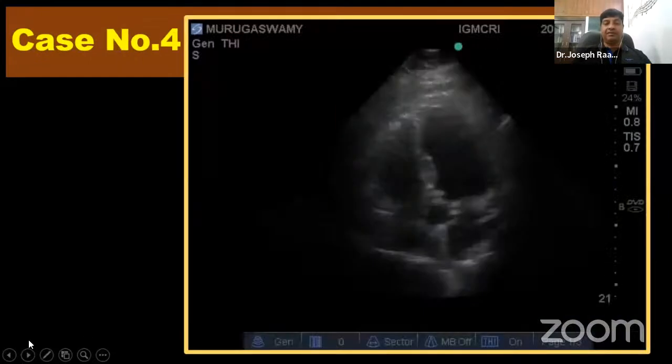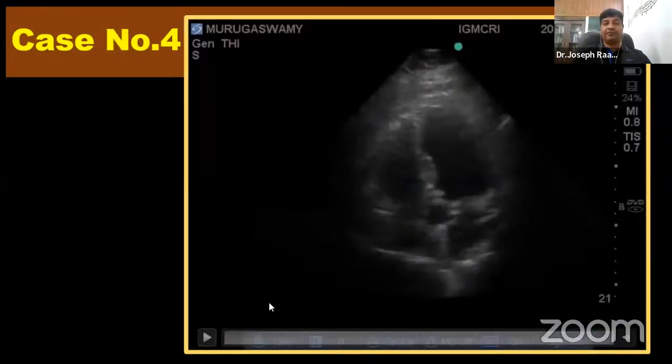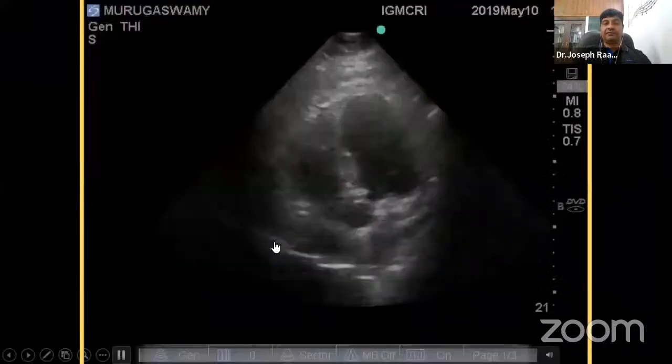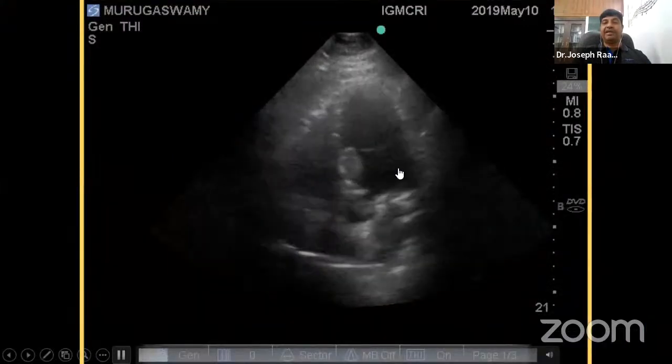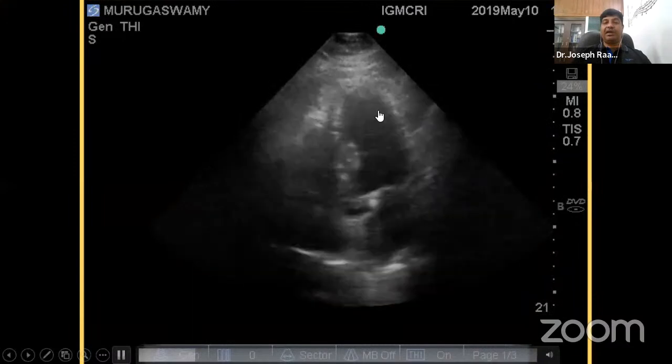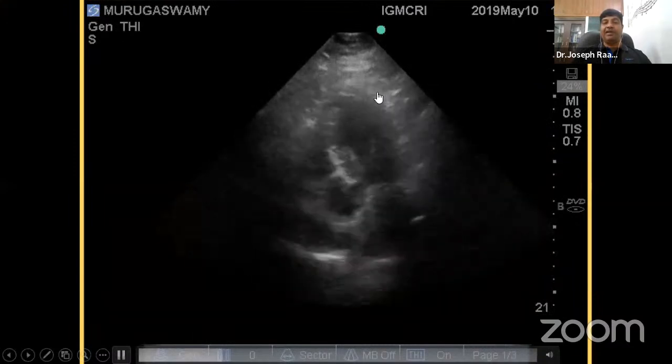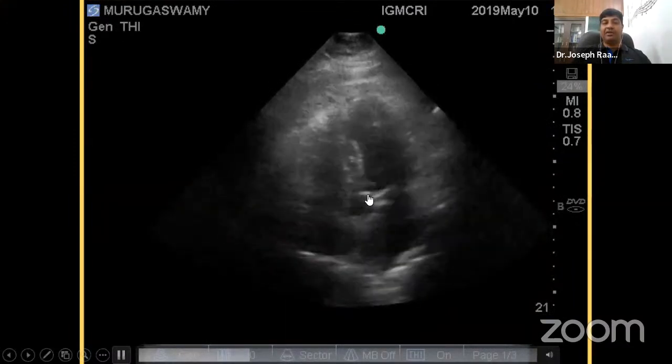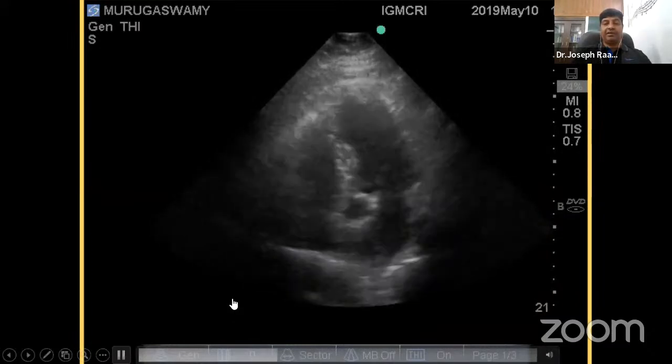Then this one. This is again about the regional wall motion abnormality, where your lateral wall is moving reasonably well, but there is hardly any movement on the septal side. Okay.